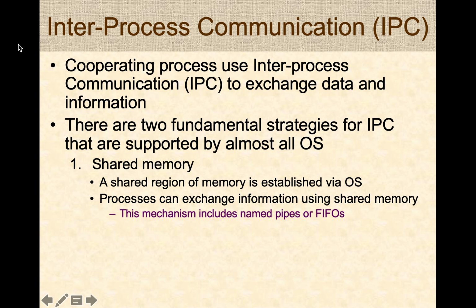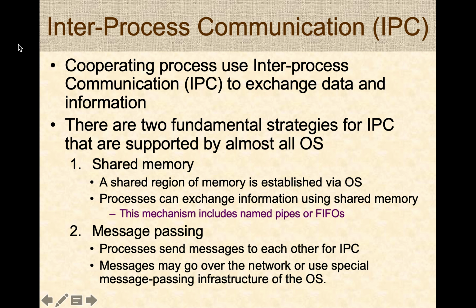This is where a small region of memory is established with the operating system as being shared between all of the cooperating processes, so there is only one physical copy of the shared memory, and all of the processes read and write data to it, and that shared memory is used for accomplishing inter-process communication. The other approach is message passing.